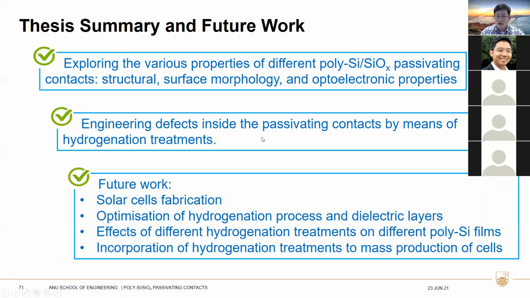For future work, some possibilities that can arise from this thesis are solar cell fabrication using different liquid dopants and different dopant types, and the optimization of hydrogenation process and the dielectric layers. Also, we can try to understand the effects of different hydrogenation treatments on different polysilicon films, and also the incorporation of hydrogenation treatments into mass production of cells.